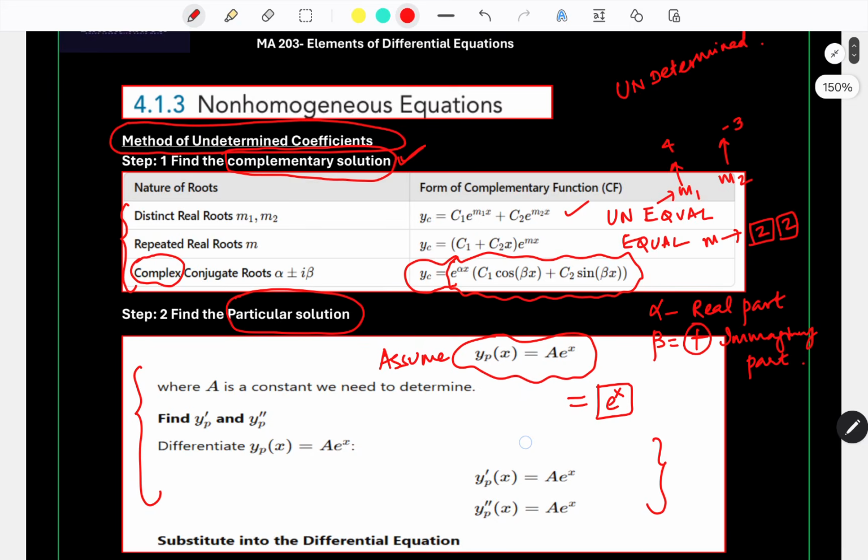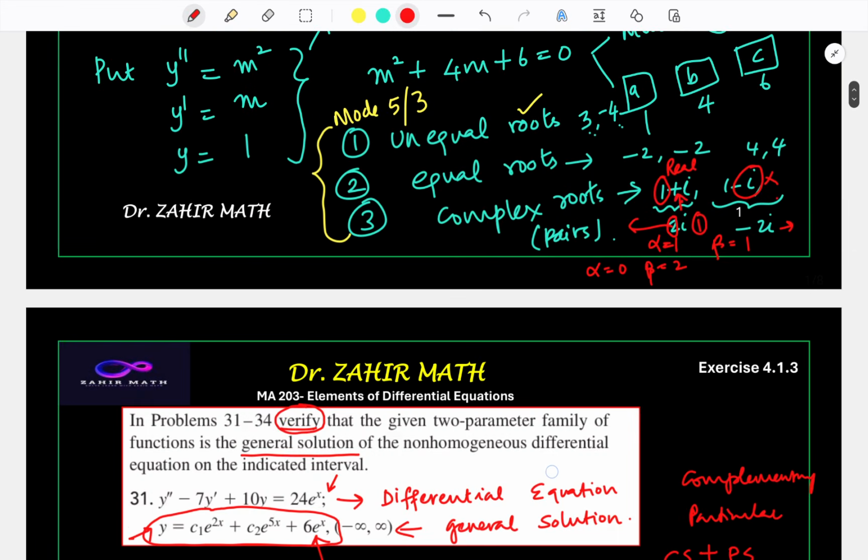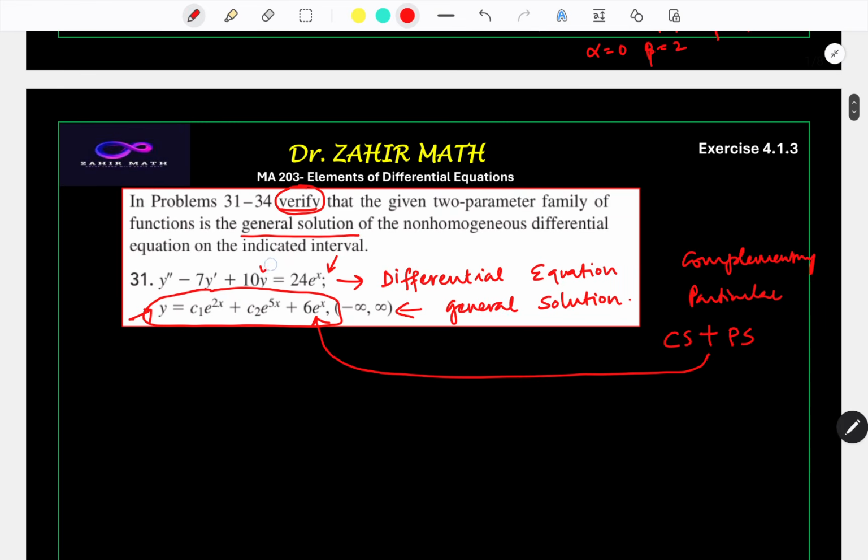Step number 2 is the particular solution. Do these steps for this question and check that this is your answer. If this answer comes, our verification says yes, this is the general solution for the differential equation.